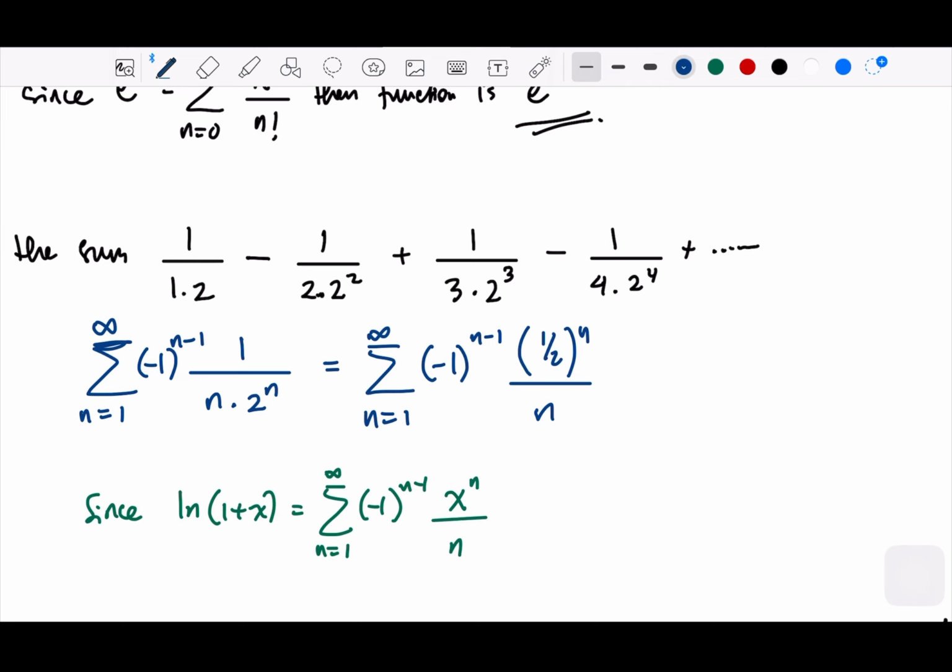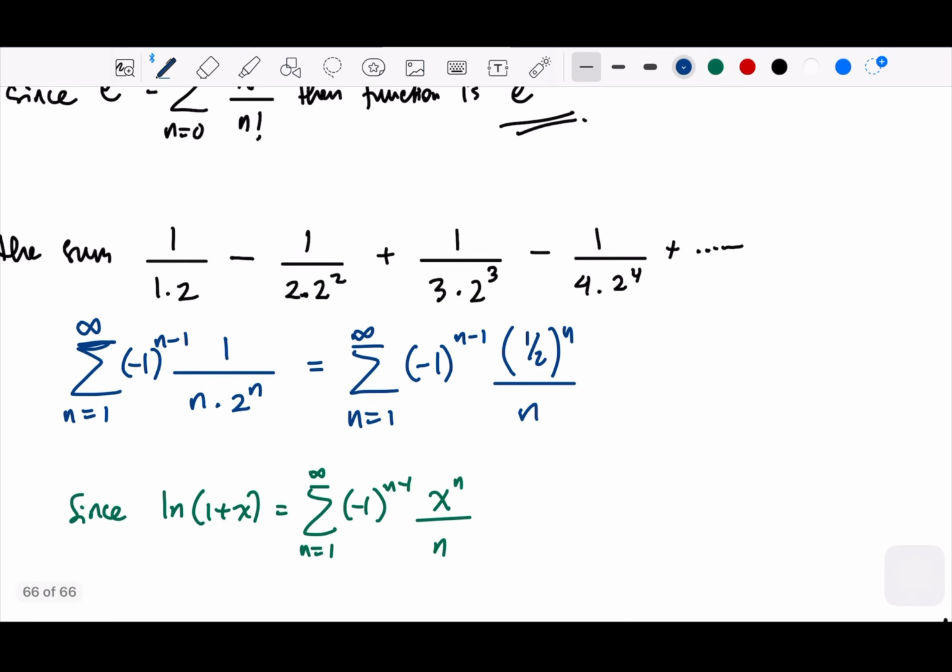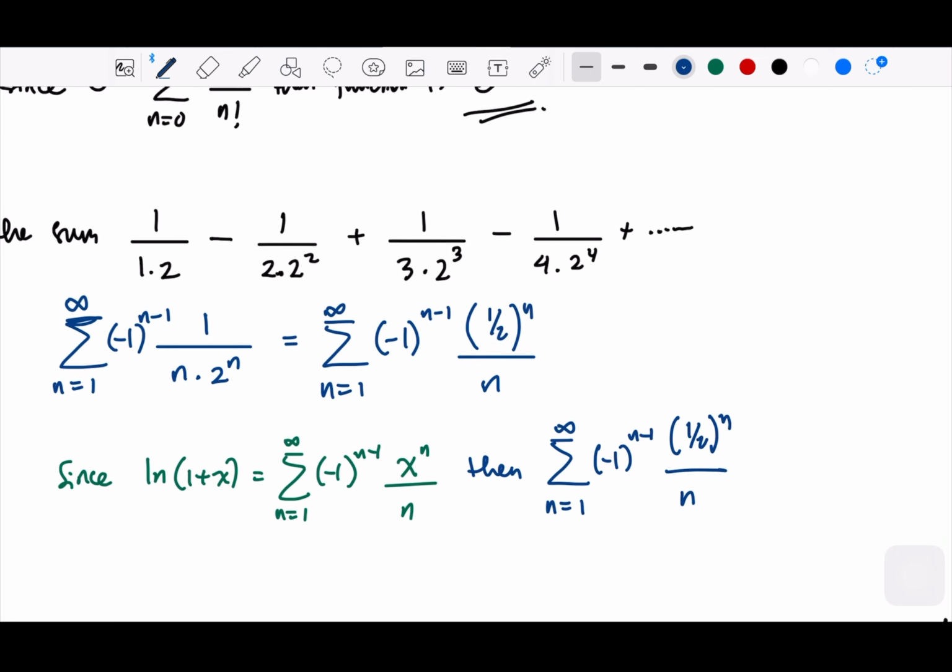So we can take this, then the sum is ln of 1 plus x with x equal 1 over 2.